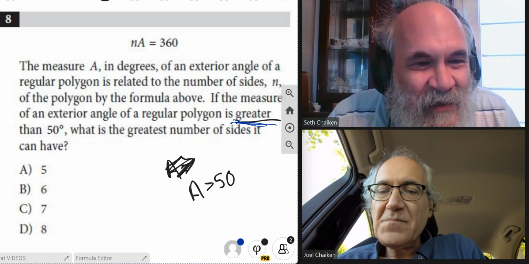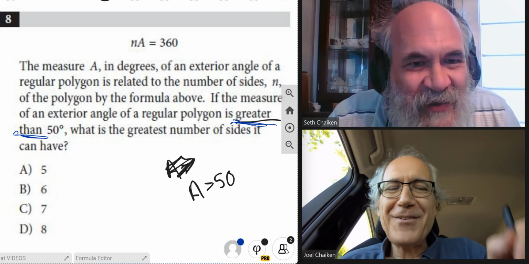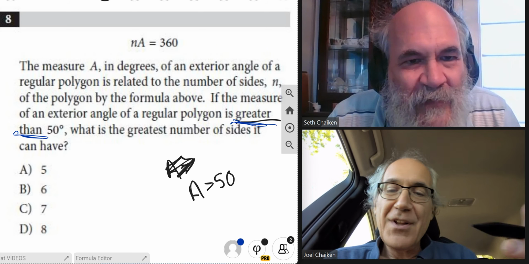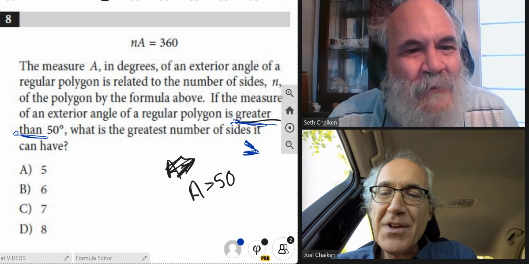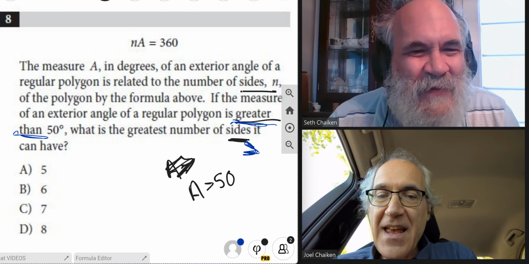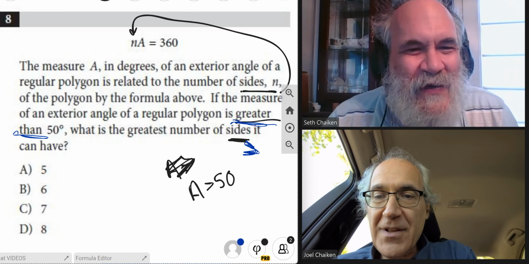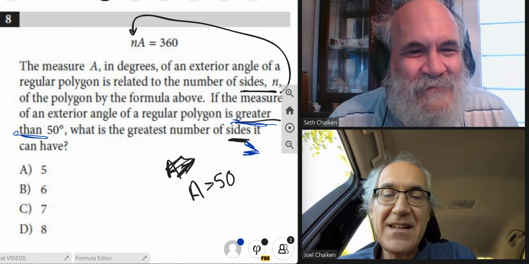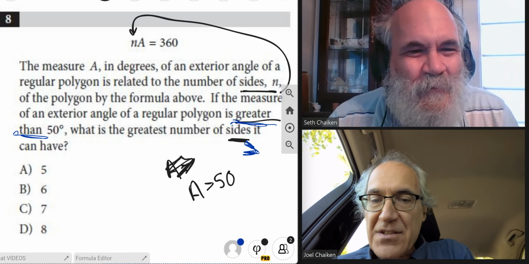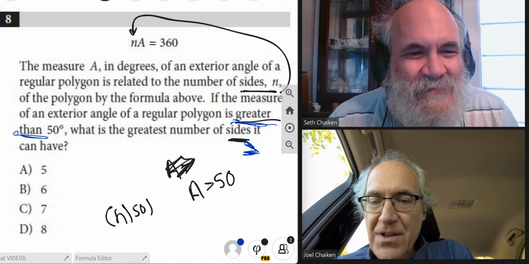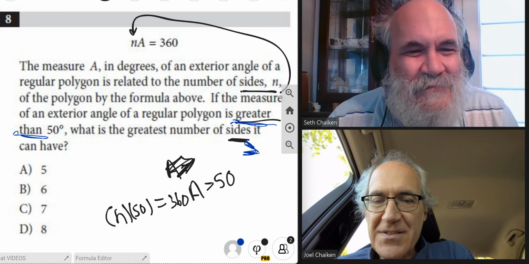I like to play with the problem. Okay, maybe it's not the best thing to do. What is the greatest number of sides? n is the number of sides. There's the formula that relates n, the number of sides, to A, and then to 360. So let's write it down. We've got n times 50 is equal to 360.